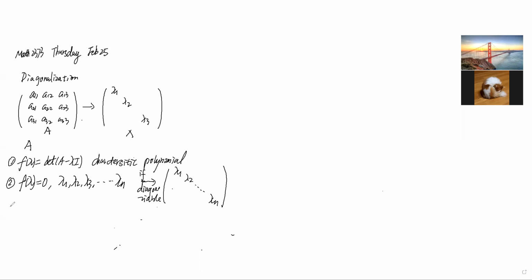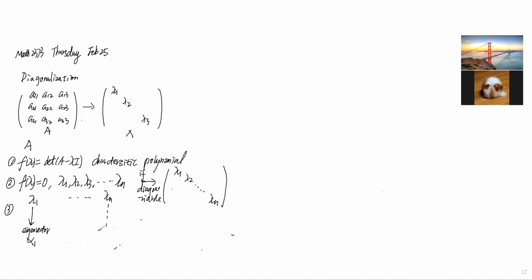So third step, for each lambda I, we can find the eigenvector alpha I, up to lambda n.